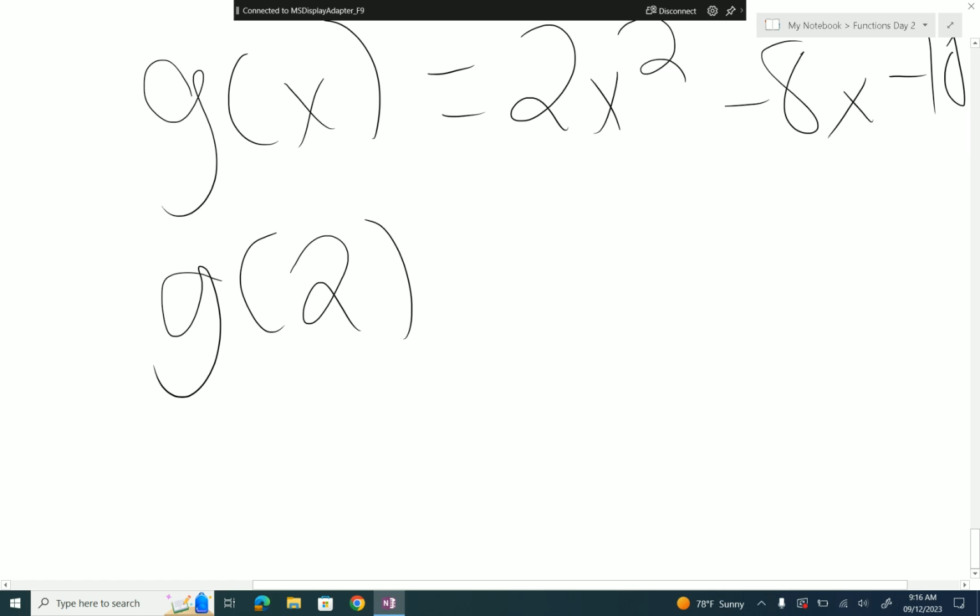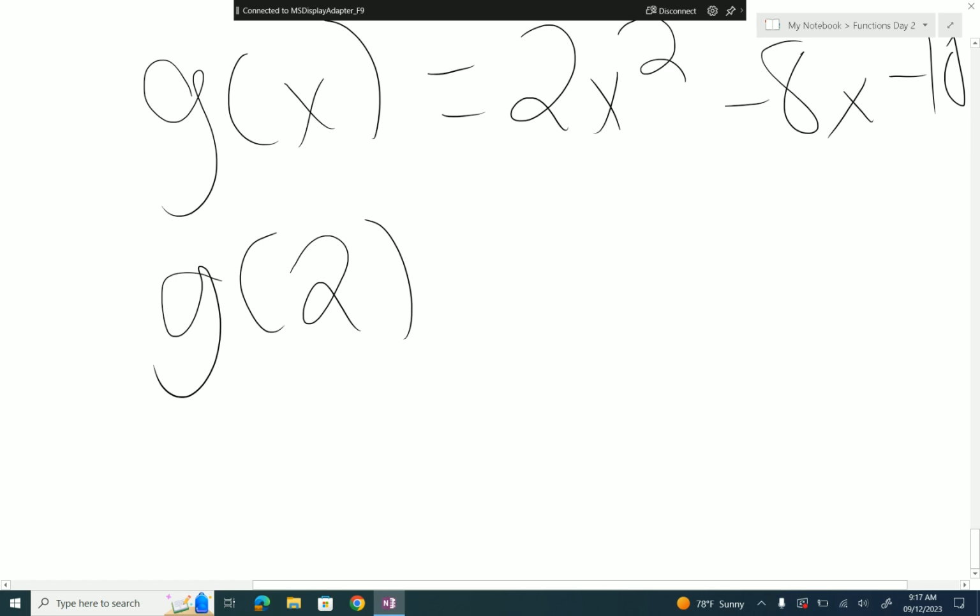So everywhere you see an x, you put 2 instead. Oh, no, yeah, that's on purpose. Sorry, it's a little misleading. So everywhere you see an x, you put the 2 instead.